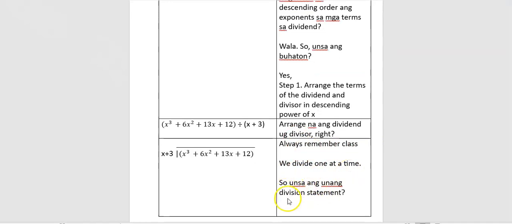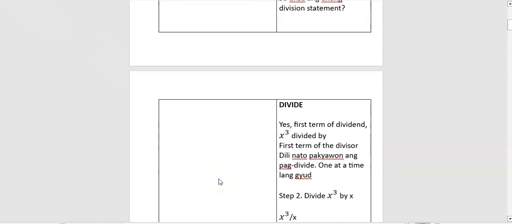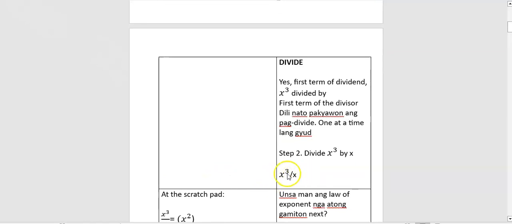So, what is our first division statement? Let us encircle the first term of the dividend. The first term of the dividend is x cubed. And then, the first term of the divisor is x. Okay. So this is our first division statement: x cubed divided by x.